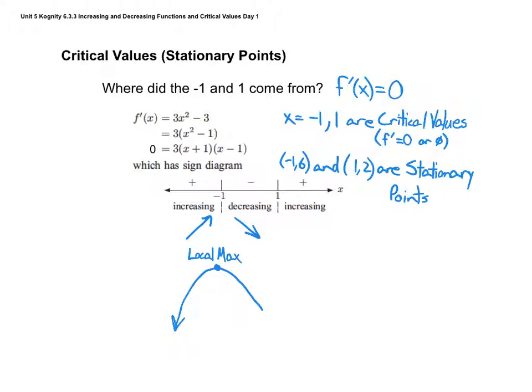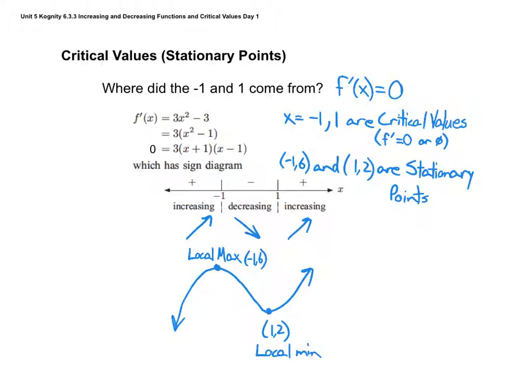Okay? And then over here at 1, it's decreasing and then starts to increase. So if this is at 1, that means the point 1, 2 is a local minimum.